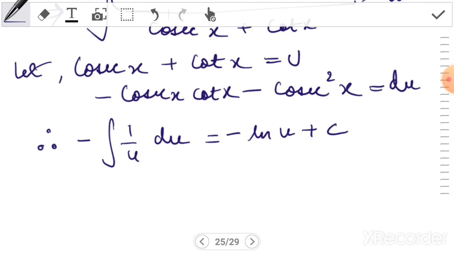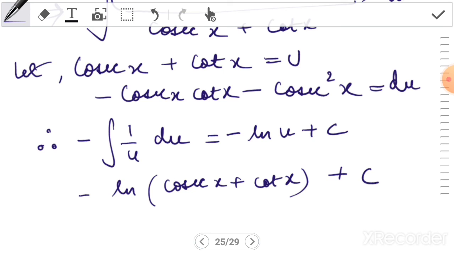And with original substitution of u is equal to cosec x plus cot x back into this expression, we have minus log cosec x plus cot x plus c. Yes?